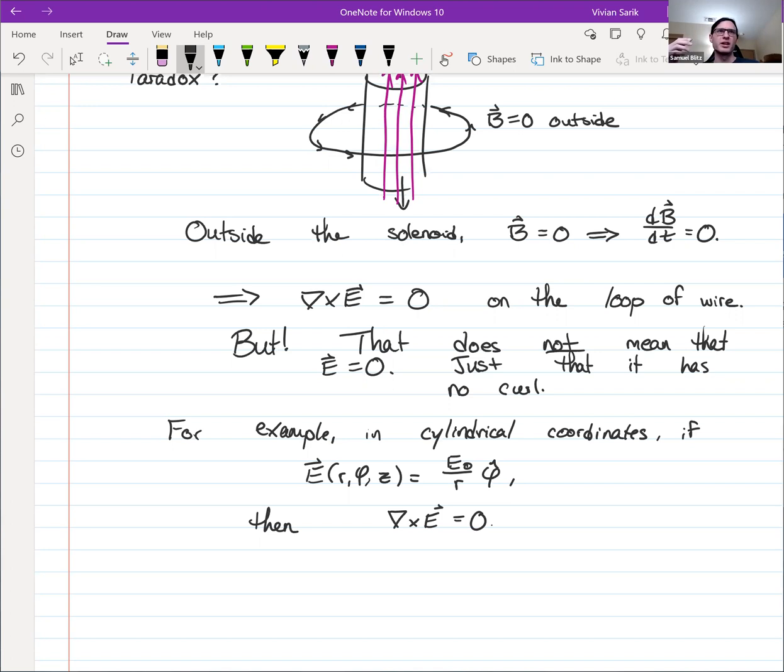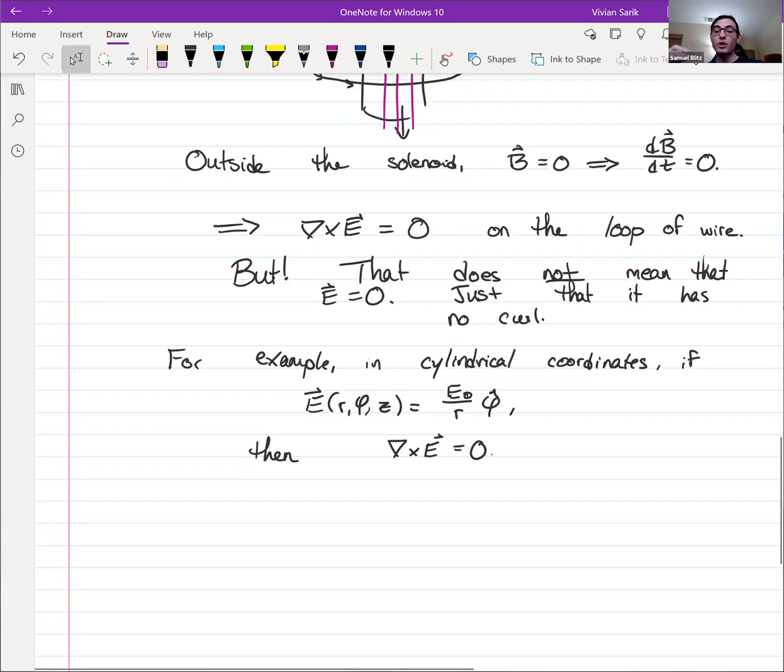curious. I'm not going to go into the details, but I challenge you to check it. And so the point is this circulates. And because the electric field circulates, that means that electric field will force current to flow in a circle. And so you'll still have some induced current, even though the magnetic field is 0 there.